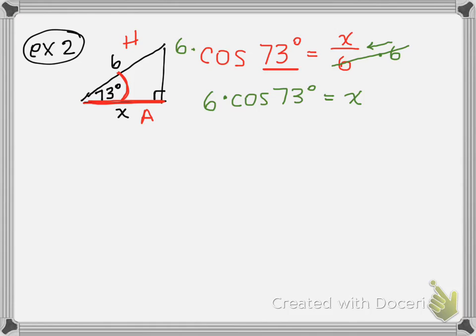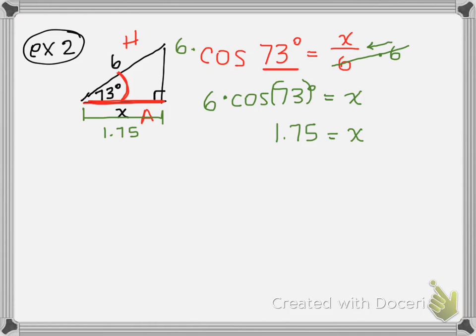Now, when you go ahead and put this into your calculator, you can put it in just like you see it, only there will be parentheses there. So when you go ahead and do that, you'll find that X equals about 1.75. And what this means is that this side length right here is 1.75.